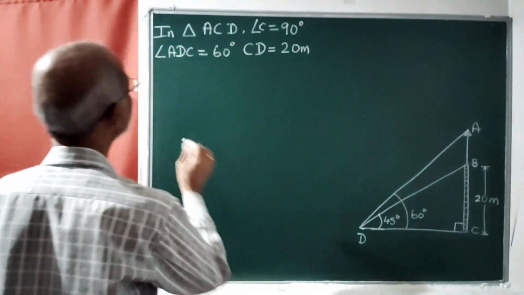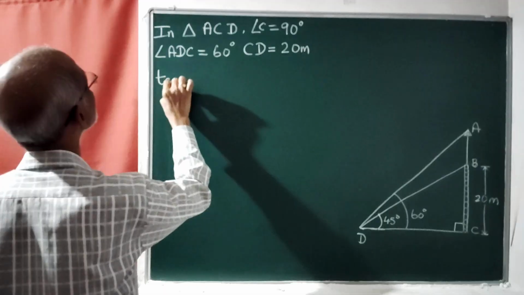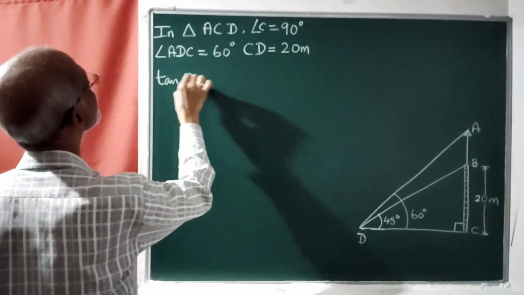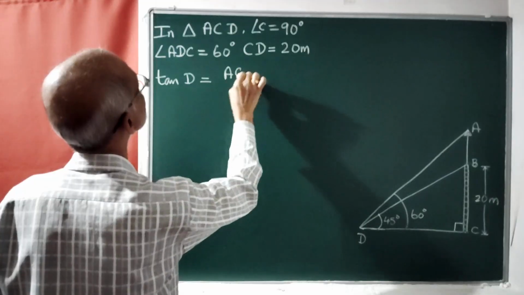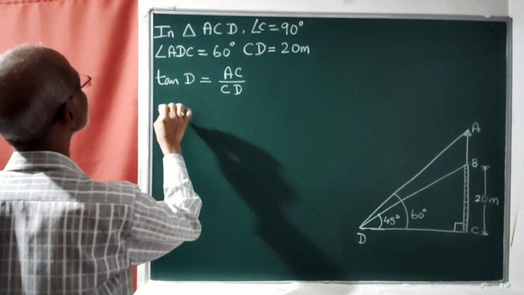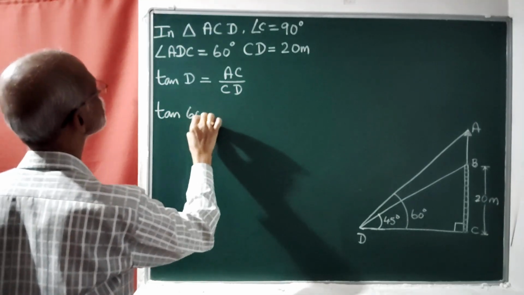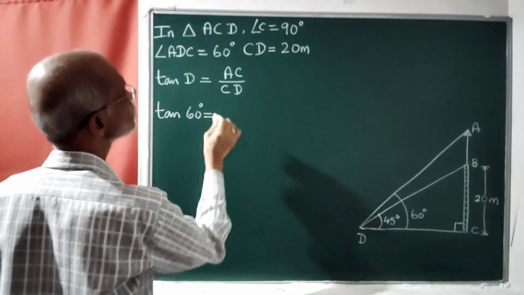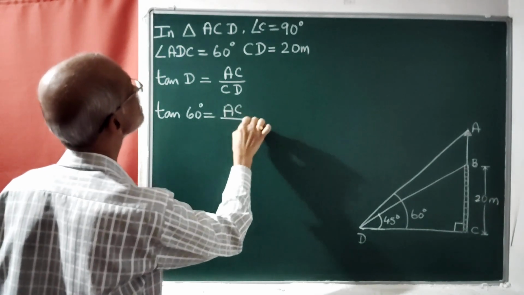Now tan D is equal to AC by CD. So tan 60 degrees is equal to AC by CD, and CD is 20.